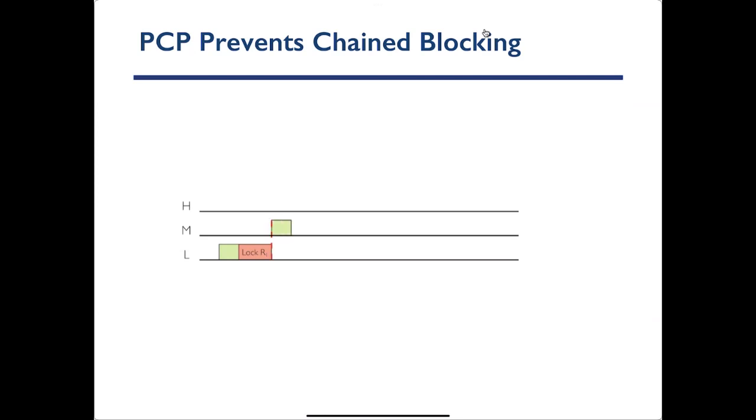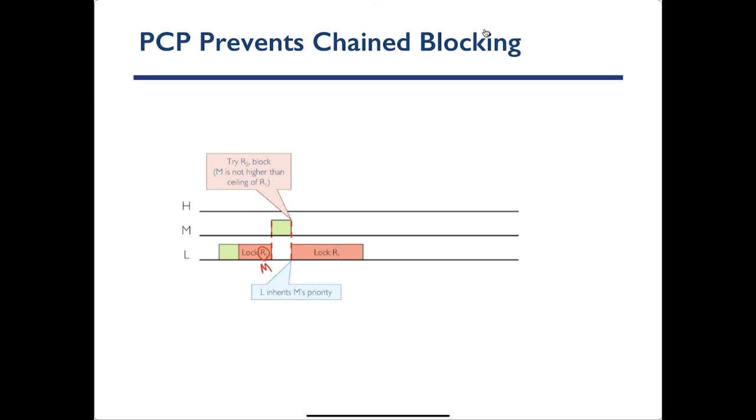Now M wants to lock R2, but it cannot do that because the priority ceiling of R1 is M, and M is not higher than M, so M is not going to be allowed to lock.